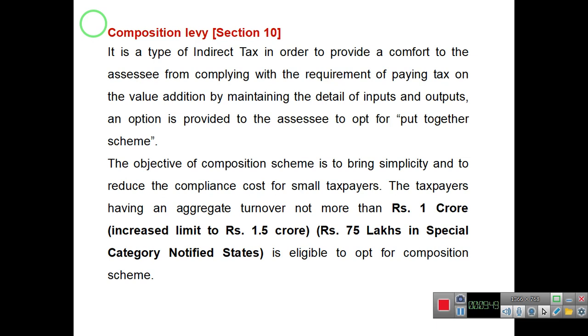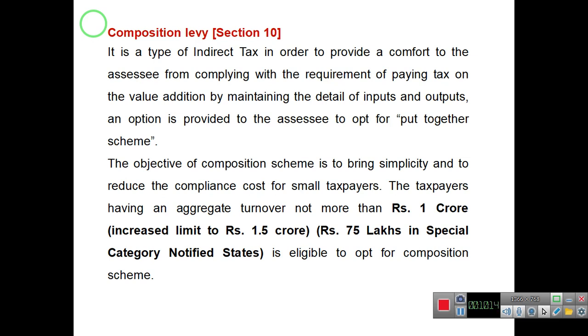An option is provided to the assessee to opt for the composition scheme to provide relief to small taxpayers, or those taxpayers who do not want to maintain details of inputs and outputs. They can opt for composition levy.